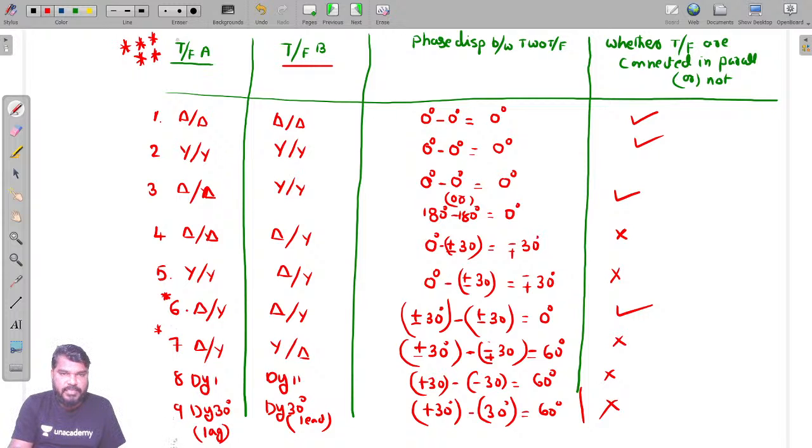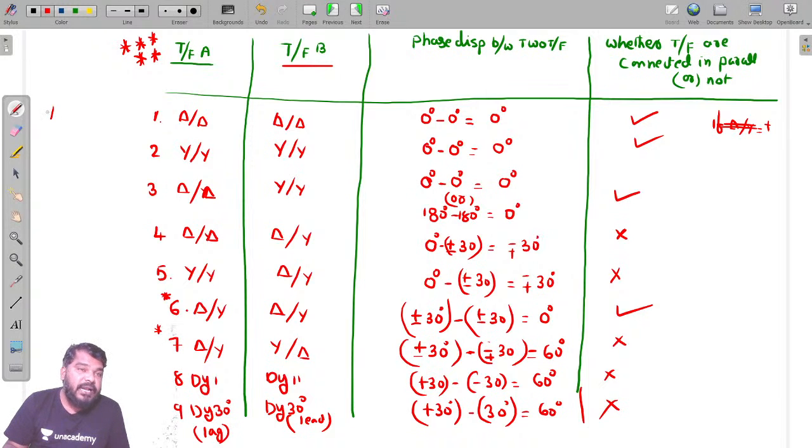In the seventh case, delta star. If for a delta star three phase transformer connection we get plus or minus 30 degrees, then if it is star delta, we will get minus or plus 30 degrees. So if we take the vector group and vector diagram point of view, you can answer this.